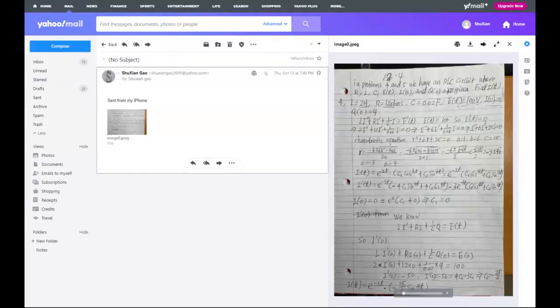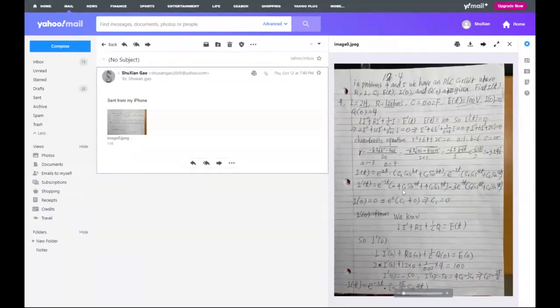So I plug that into the derivative of the function, and I get the equation negative 50 equals 4 C2 minus 3 C1.